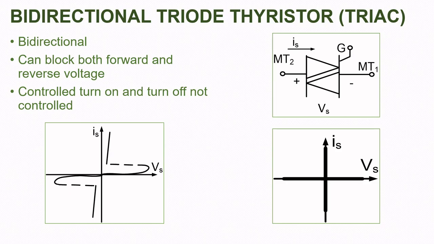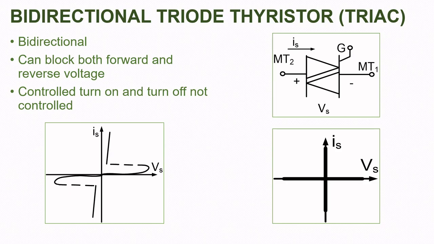But we usually do not call voltages forward bias or reverse bias in case of Triac, since it's a bidirectional device. Hence, we say voltages can be blocked when terminal MT2 is at a higher potential than MT1 or when terminal MT1 is at higher potential than MT2.